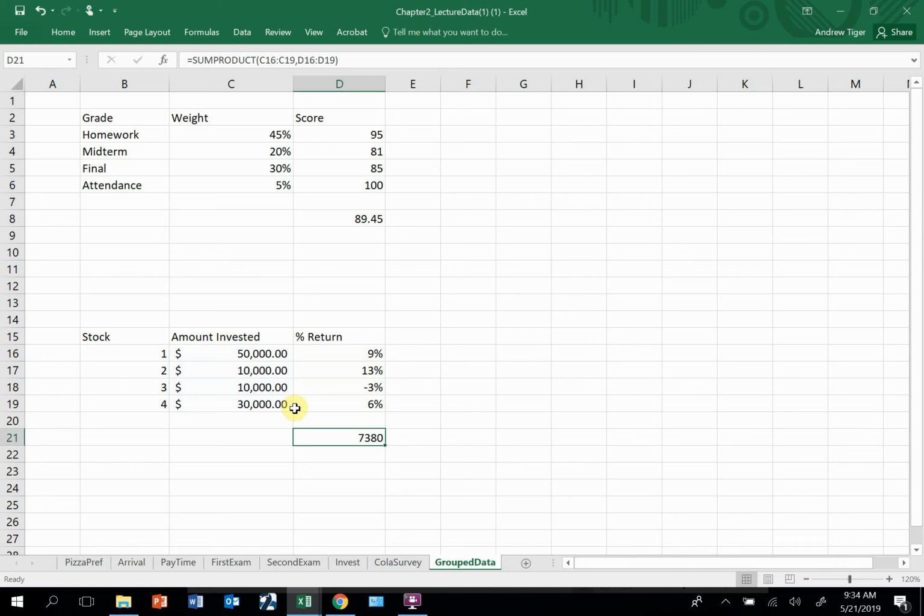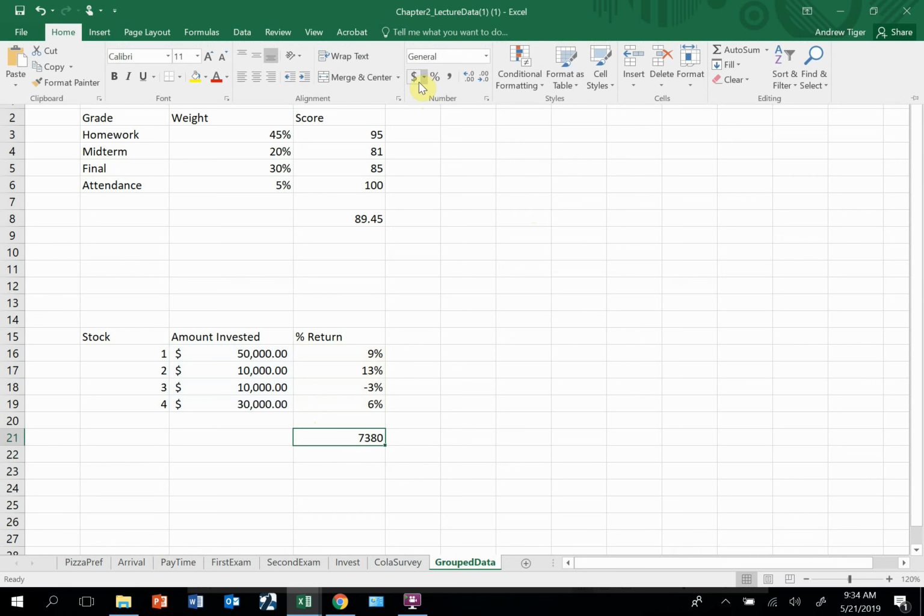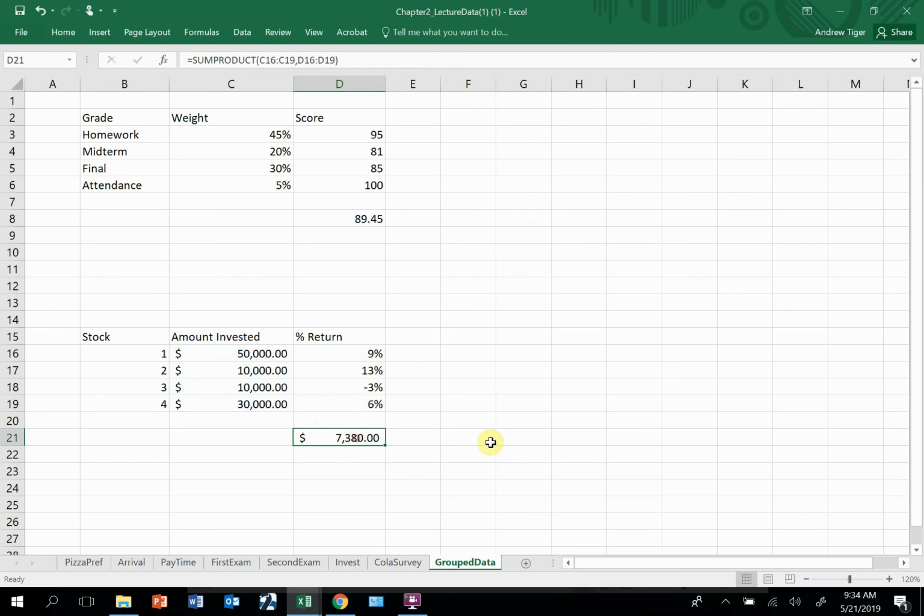And then that tells you the amount of dollars that I've returned, which is 7,380. So I've made $7,380 on my money. I've made 9% on this, 13% on this. I lost 3% of this. I made 6% of this.